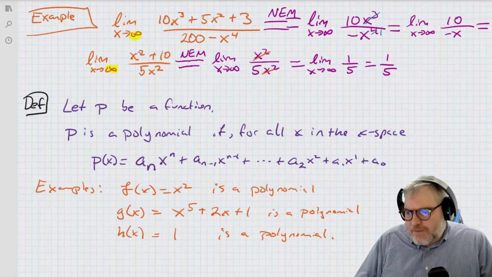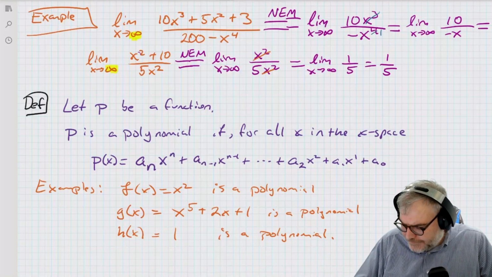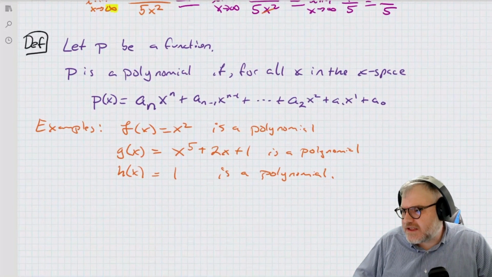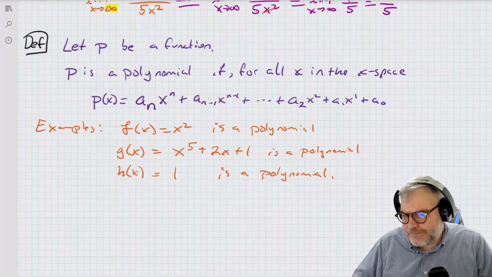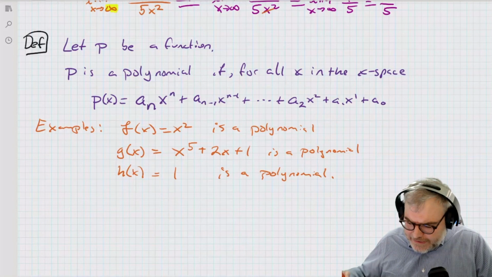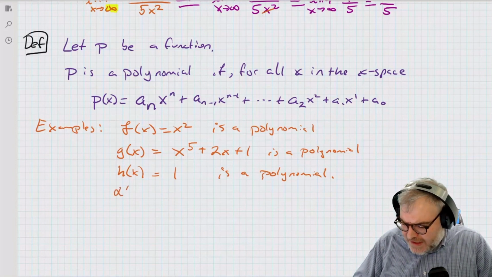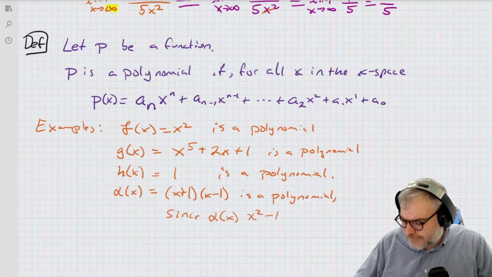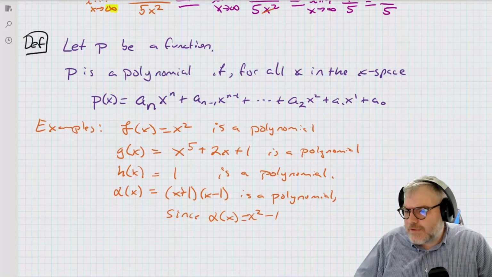That's the formal definition of a polynomial. It's some function that only has positive exponents of x, and it's just addition of those terms. Alpha of x equals (x plus 1)(x minus 1) is a polynomial, since if I multiply this out, I get x squared minus 1. Okay, questions?